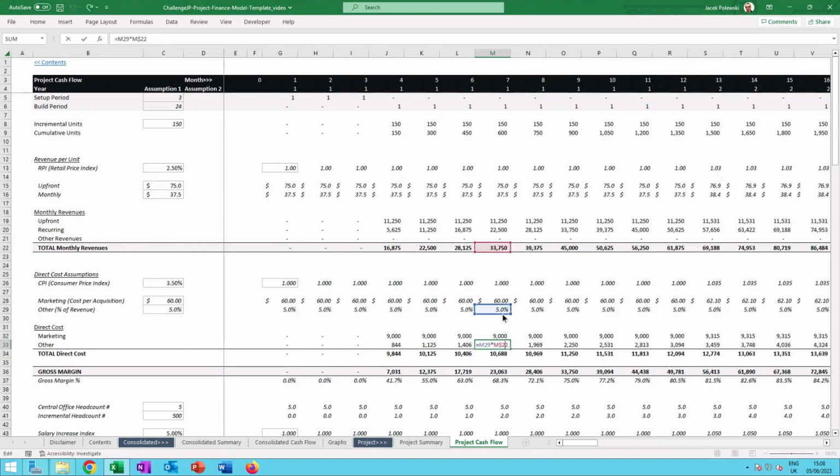In this case, I'm using a very simple assumption that you take a percentage of revenues as the basis of the calculation of that cost. For example, for the other cost, take the monthly revenues and multiply by 5%. You can think of this cost as anything from, for example, processing fees.